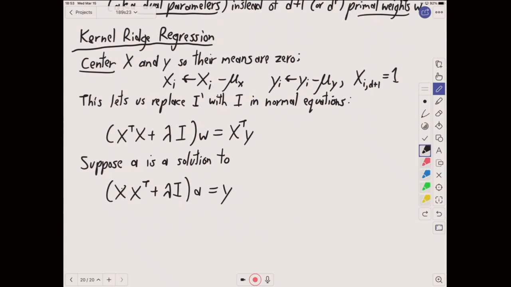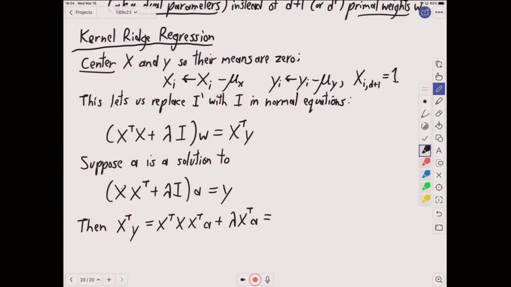And to show that, what I'm going to do is I'm just going to take this value of y, and I'm going to essentially substitute it there, multiply it by X transpose in front. And when I do that, I get X transpose y. Well, substitute this in for y, and you get X transpose X X transpose a, plus lambda X transpose a.